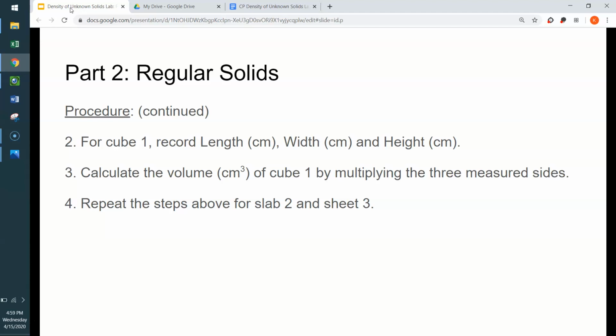Now for a regular solid like the 4 that we have, the easiest way to determine what is length, width, and height would be to pick one corner and measure the 3 sides along that corner. Once you have those measurements, you simply multiply those 3 measured sides together, and this is what gives us our unit of centimeters cubed, because you're multiplying 1 centimeter times another centimeter times another centimeter.